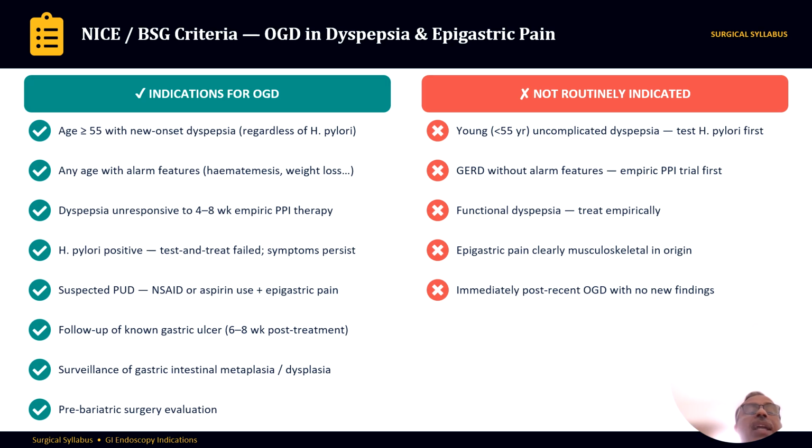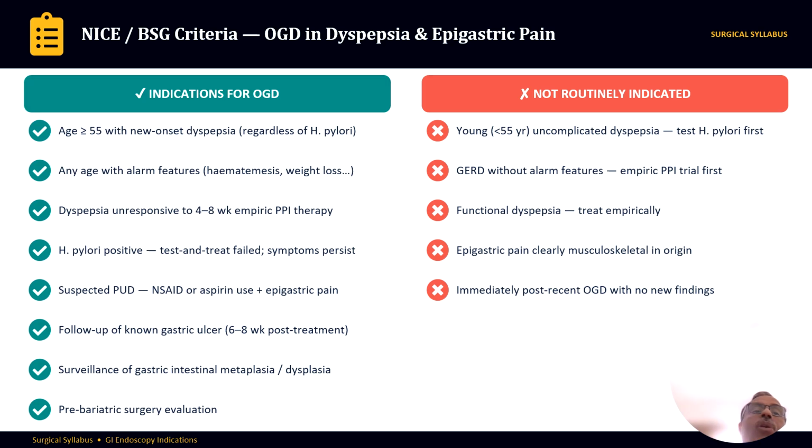Number four, any patient who turns out to be H. pylori positive, where test and treat failed or symptoms persist, should also undergo OGDS. Suspected peptic ulcer disease because of use of NSAIDs or aspirin along with epigastric pain should also undergo OGDS.